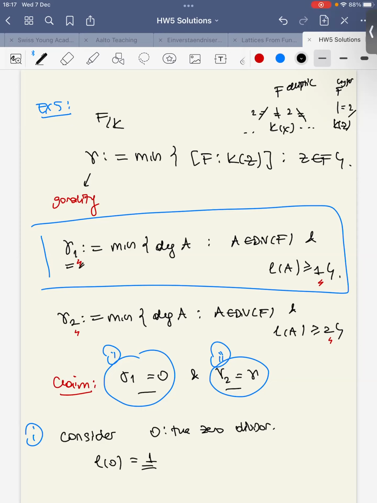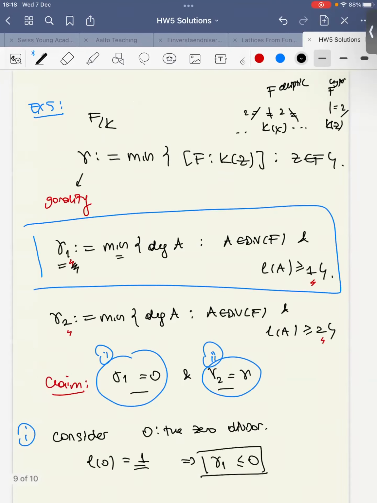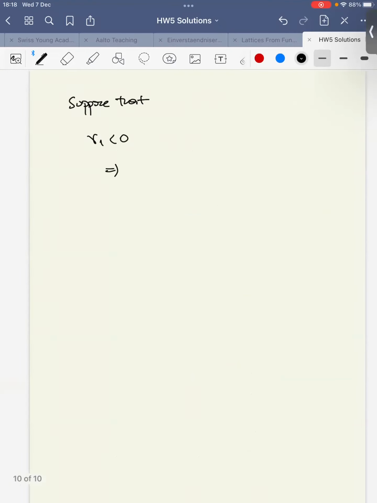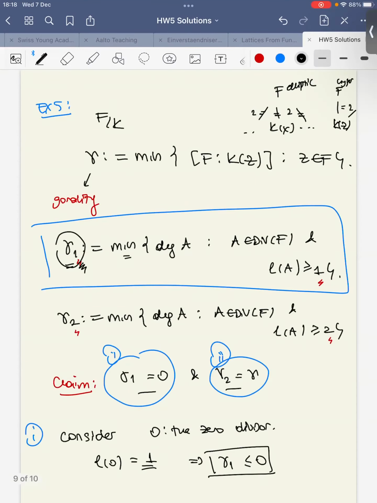And by the definition of gamma 1, if this is the minimum degree, then we can conclude that gamma 1 should be bigger than or equal to 0. And now, towards a contradiction, suppose that gamma 1 is strictly negative. But if gamma 1 is strictly negative, by the definition of gamma 1, we can see that the degree should be strictly negative. But for negative degree divisors, we know that the dimension is 0, so this cannot be possible.